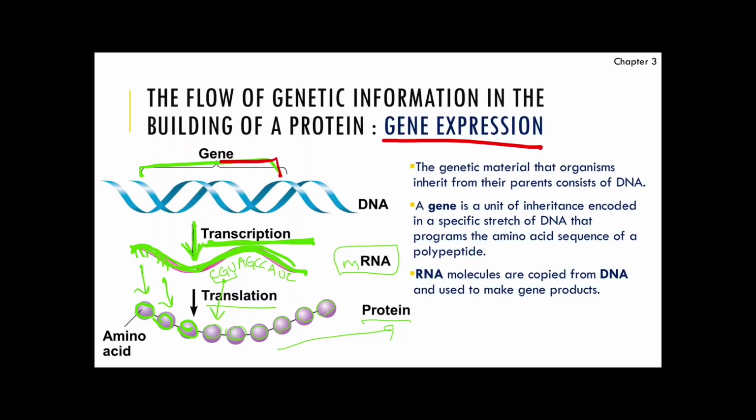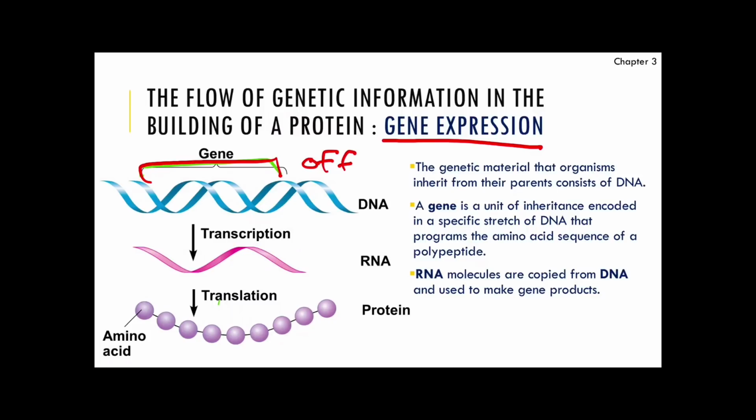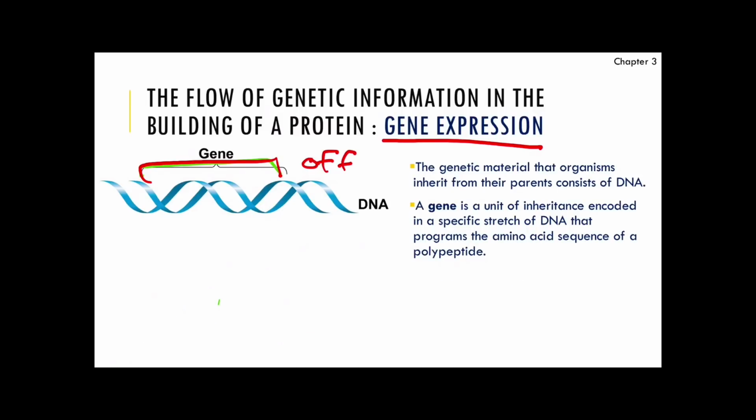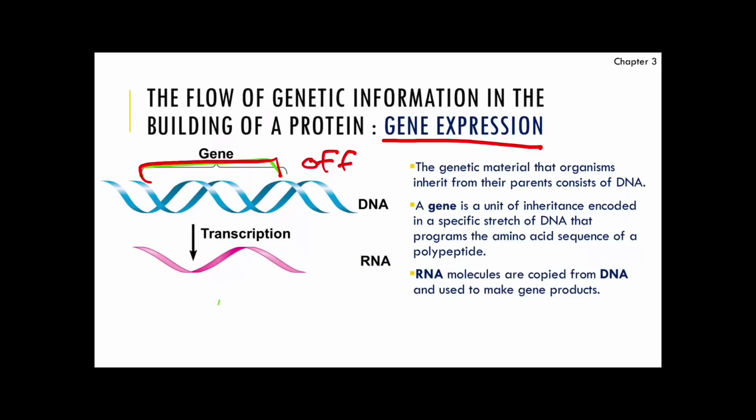But if the gene is switched off, then we will not get transcription and we will not get a protein made. So gene expression means that if the gene is switched on, we will make protein, but if it's switched off, you don't make a protein, because transcription and translation, they don't happen.